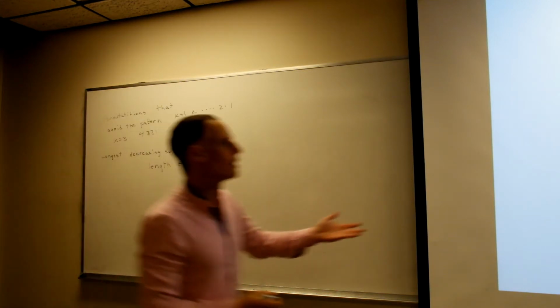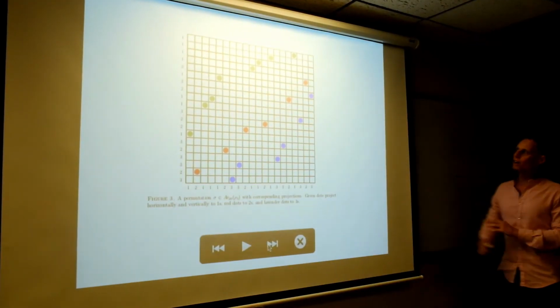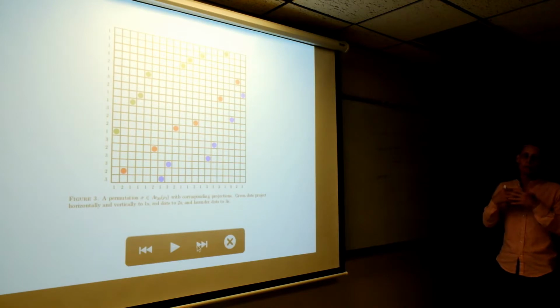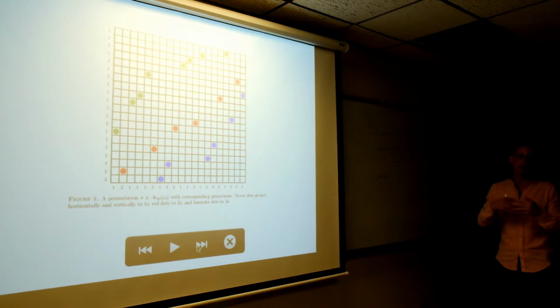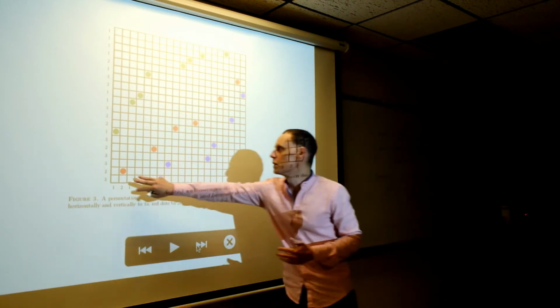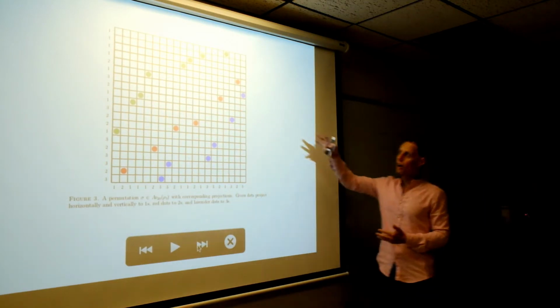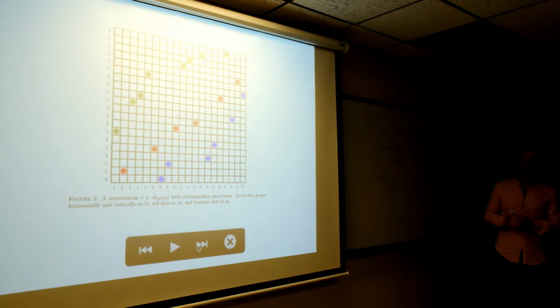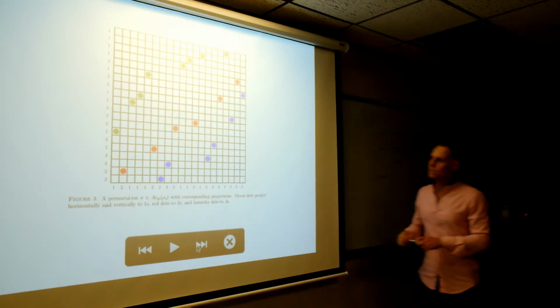So here I plotted one, and I colored them. In the 3, 2, 1 avoiding permutation, I divided the indices up into 2 categories. Now I'm going to divide the indices up into 3 categories. How am I going to do this? I'm going to do this as follows.